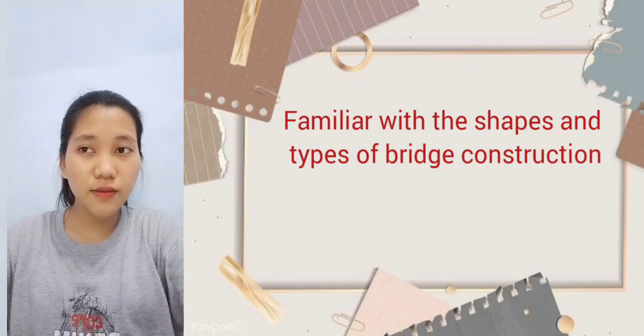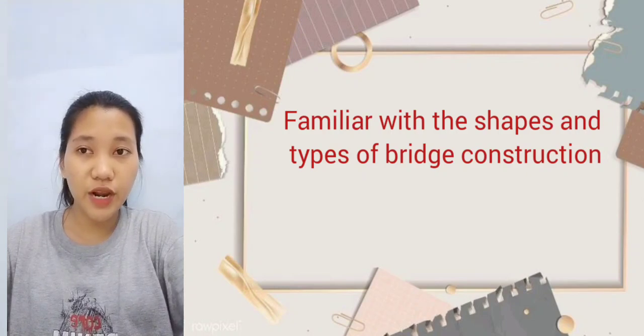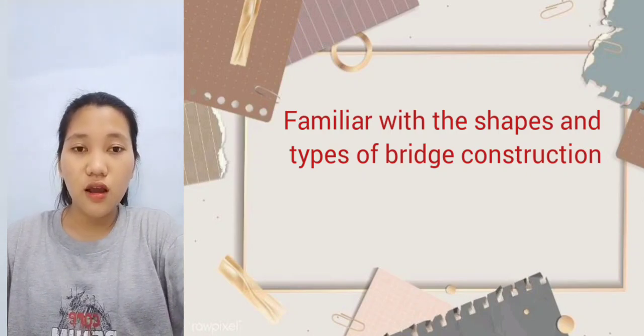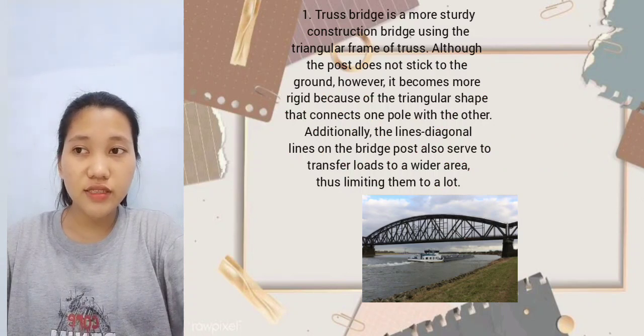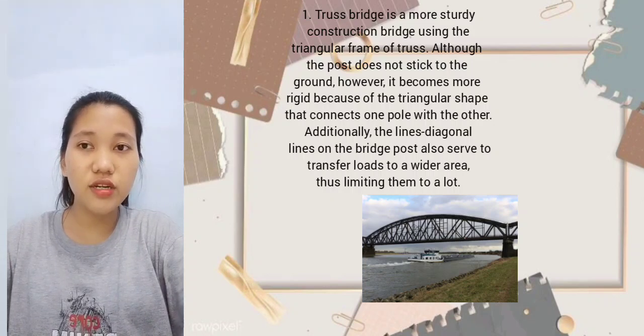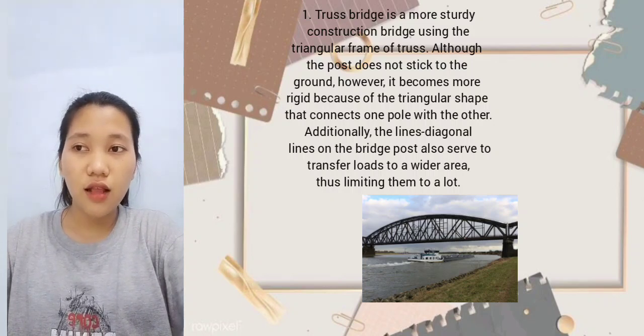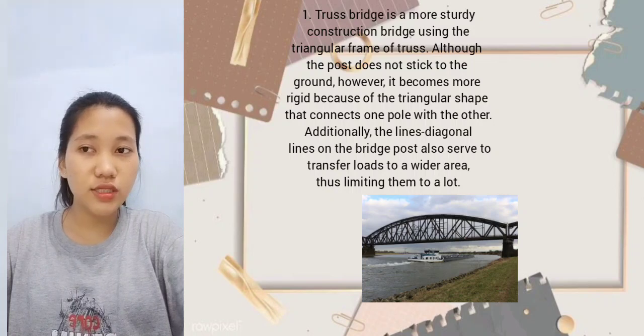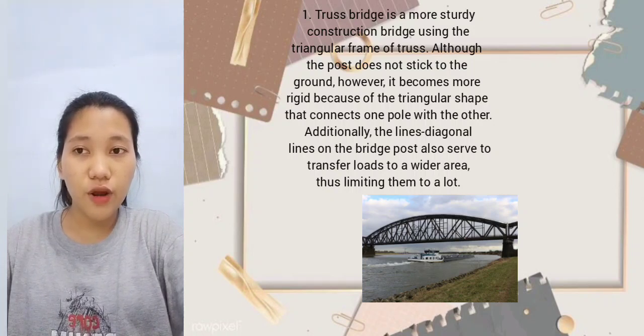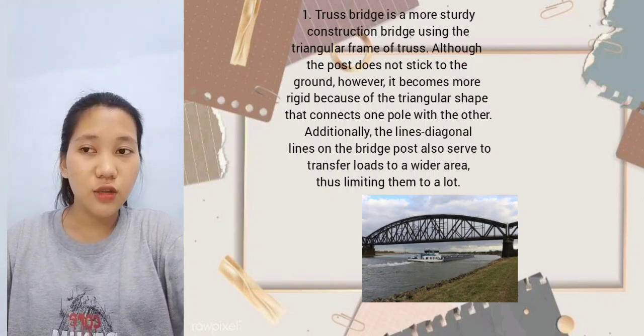Familiarize with the shapes and types of bridge construction. First, truss bridges. A truss bridge is a sturdy bridge construction using the triangular frames of a truss. Although the posts do not stick to the ground, it becomes more rigid because of the triangular shapes that connect one pole with the other.